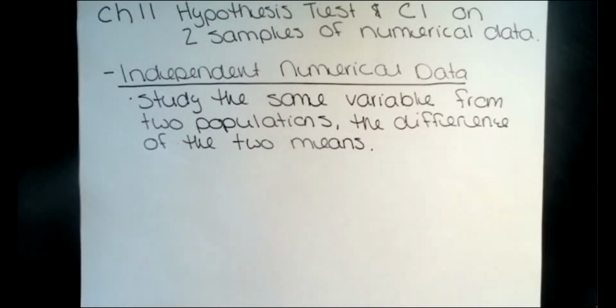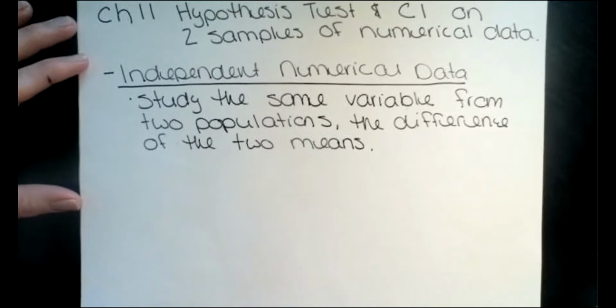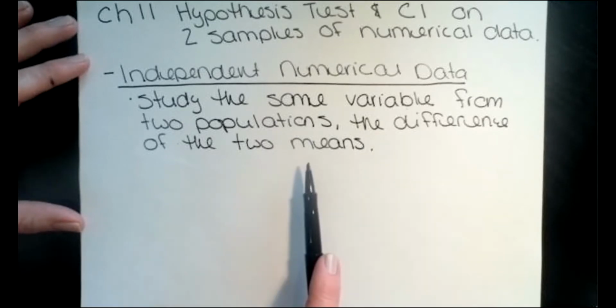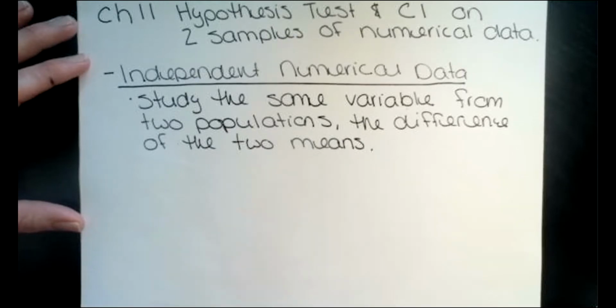This is still inferential statistics, meaning we study a sample and see what's going on with the population. So we're trying to study the difference of the two population means, and we're going to use the two samples to do that.